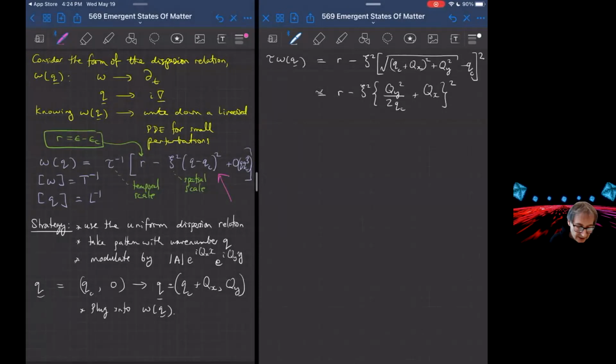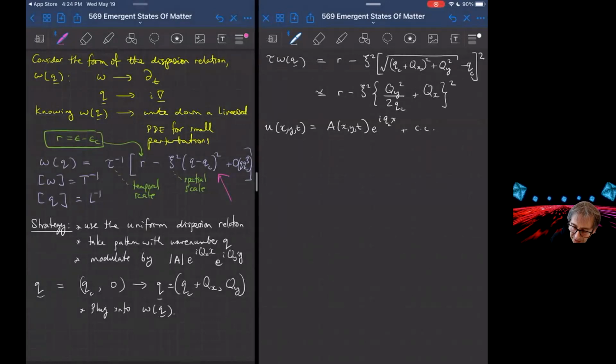What that means is that if I write down what my pattern looks like now, it's a function of x, y, and t: A of x, y, and t, e to the I qc x plus its complex conjugate.